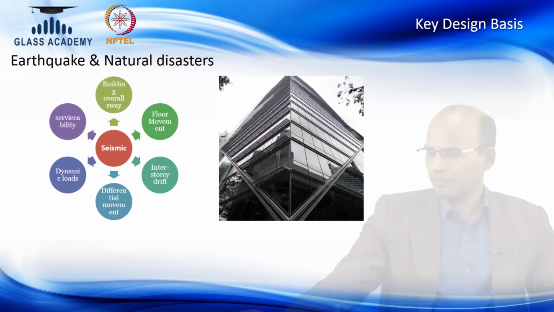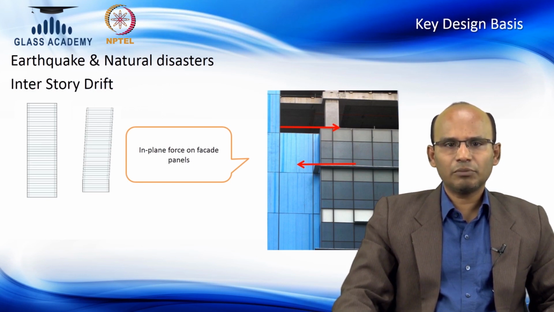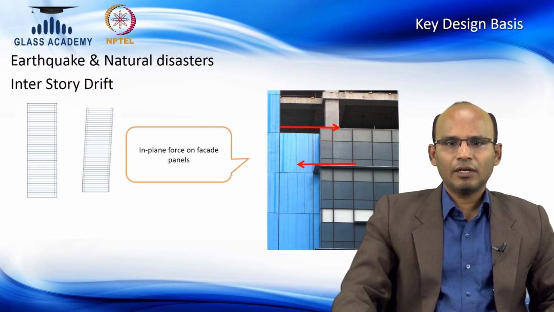Continuing with the loads relevant to building movement, which could be seismic or earthquake, the predominant force imposed onto the glass panel or facade system is in-plane force. What you can see here is that when the building is drifting or swaying, it is going to put horizontal loads on this glazing element, and this system needs to be verified for in-plane load.